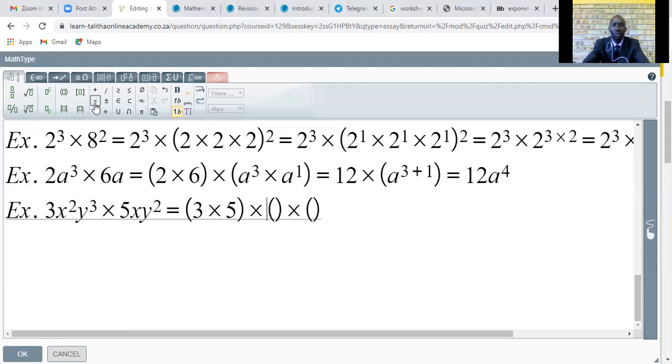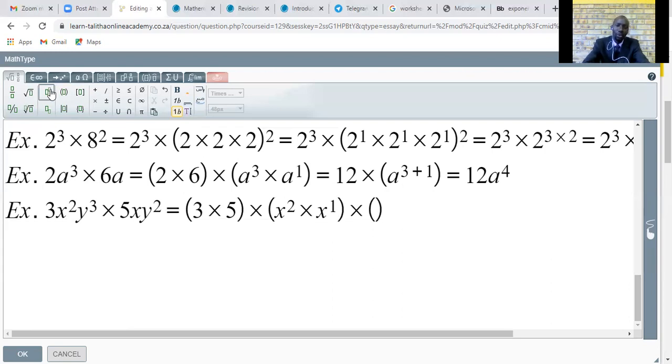The next thing we want to deal with is X. So we have X, which has an exponent of 2, times another X, which has an exponent of 1.